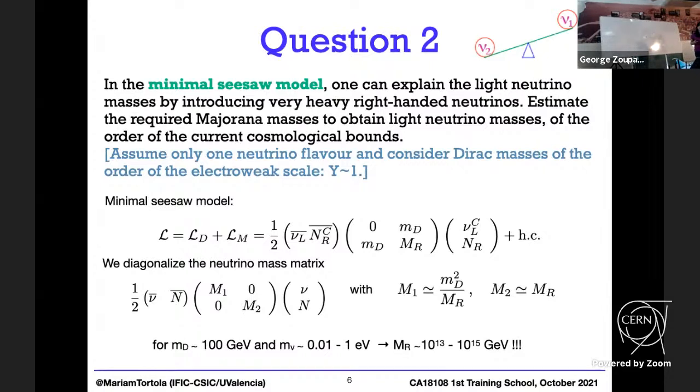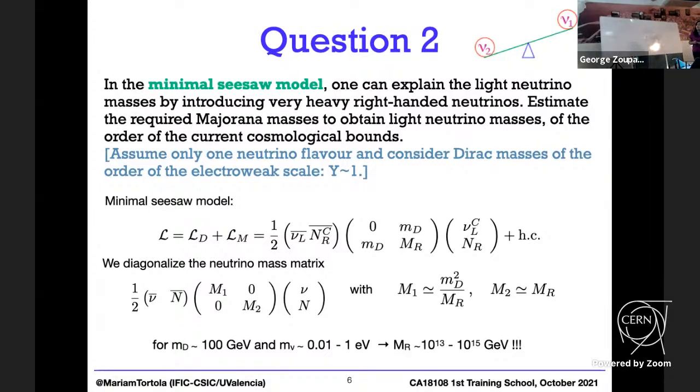Now cosmology starts pushing below, but 0.1 to 1 is enough. Then you just do the simple calculation and you will get that the mass for the right-handed state should be of order 10 to 14 GeV. So this needs a very heavy state in order to reproduce the smallness of neutrino mass.